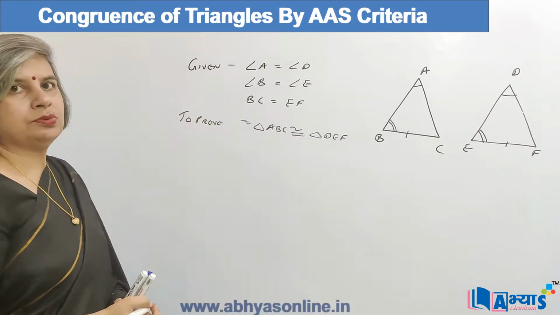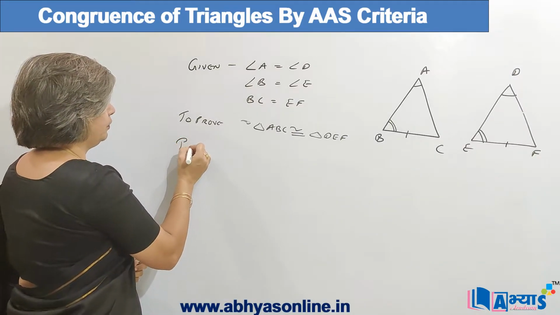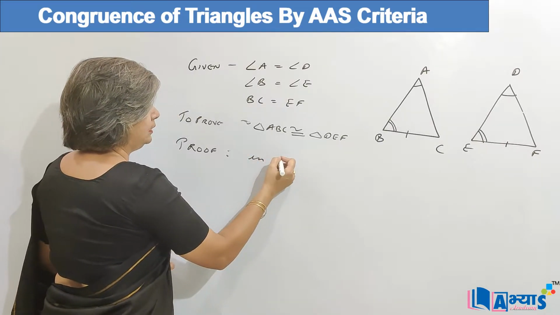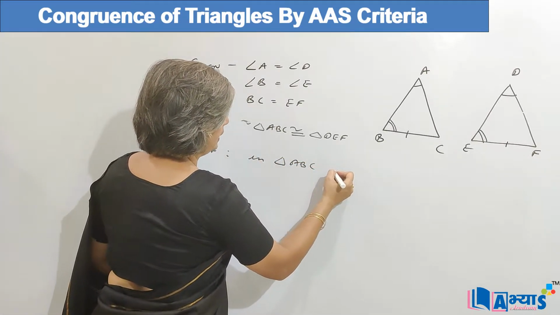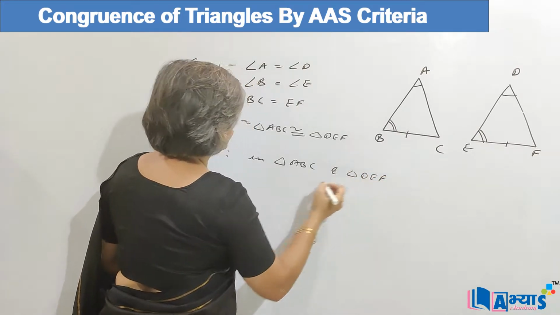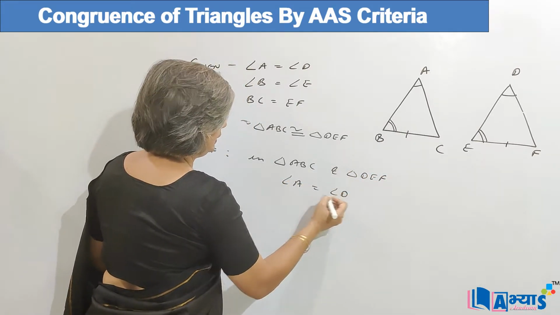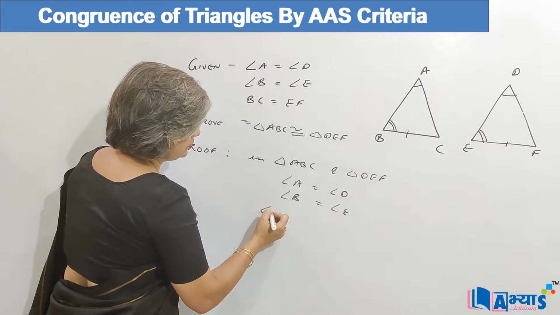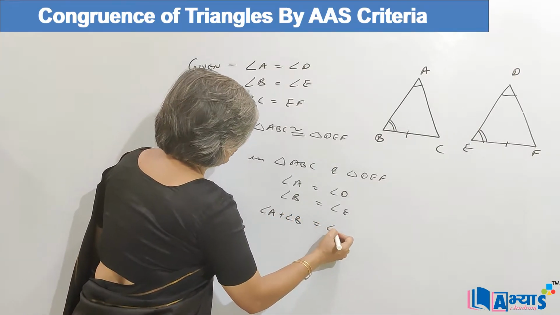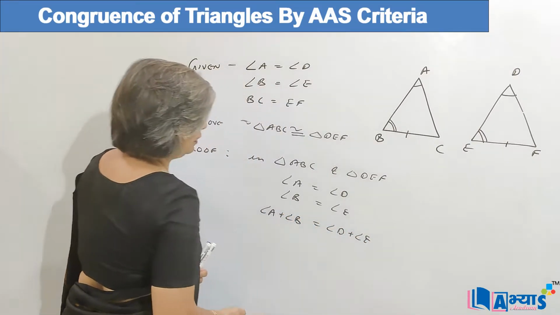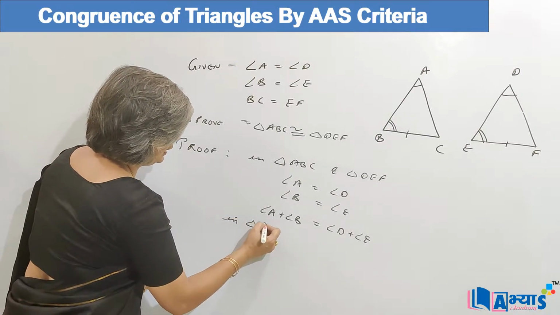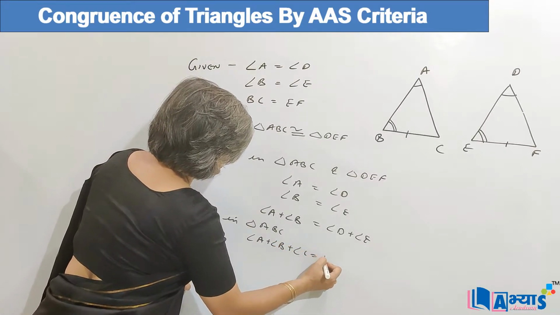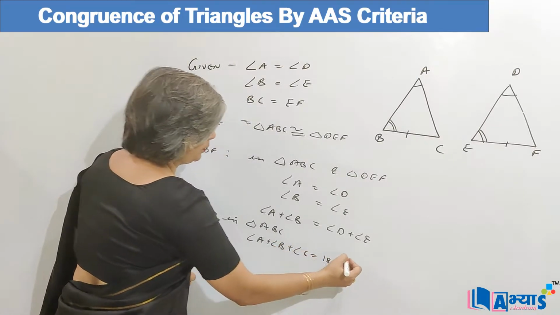Now to prove that these two triangles are congruent, the proof will follow as in triangle ABC and triangle DEF, we know that angle A is equal to angle D, angle B is equal to angle E. So adding these two, we get angle A plus angle B is equal to angle D plus angle E. Now we know that in triangle ABC, angle A plus angle B plus angle C is equal to 180 degrees, angle sum property.